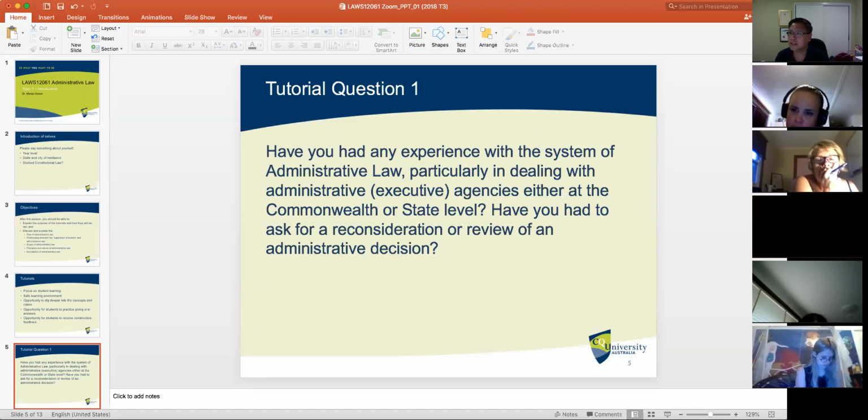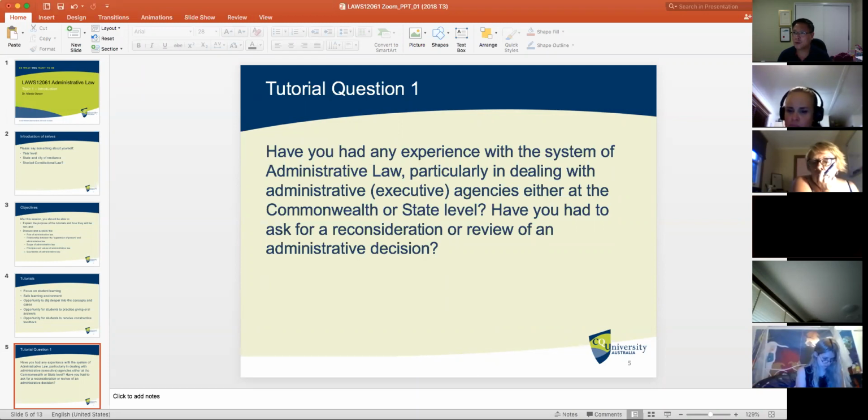We have a comment here from Kayla: I actually have a matter that's in NCAT at the moment for a client seeking a review in relation to a firearms prohibition order issued by New South Wales Police. So in that case, we see that the decision was made by the police, which is part of the executive. From Mike, yes, on behalf of a friend dealing with the AAT.